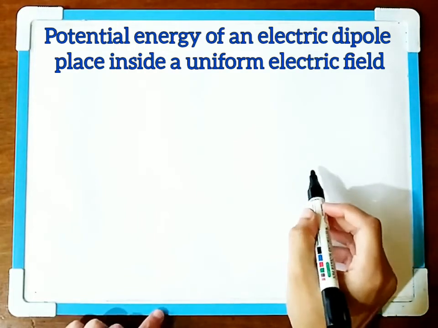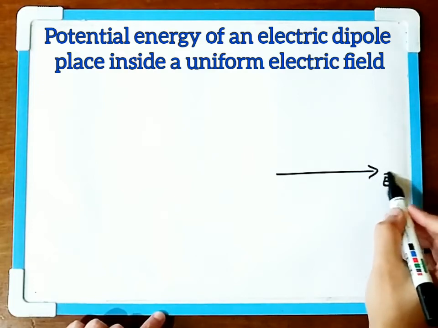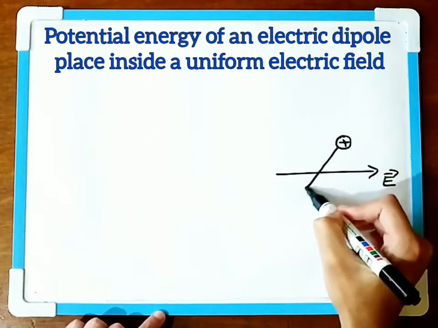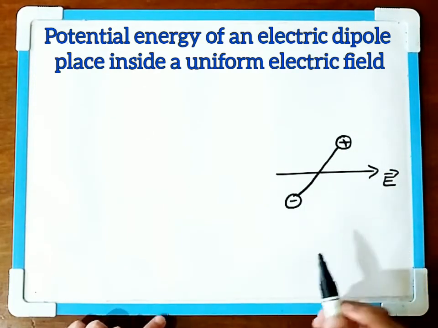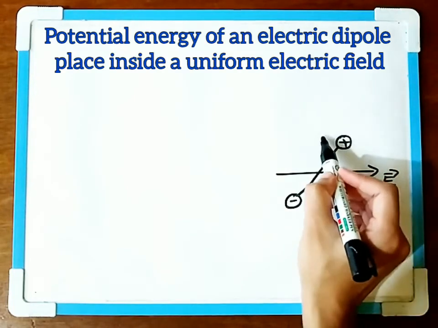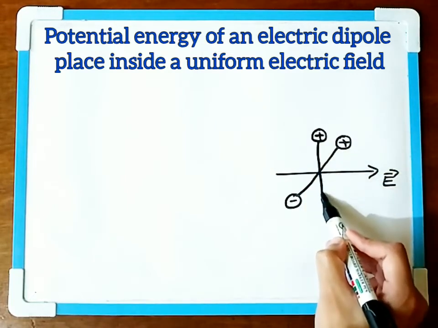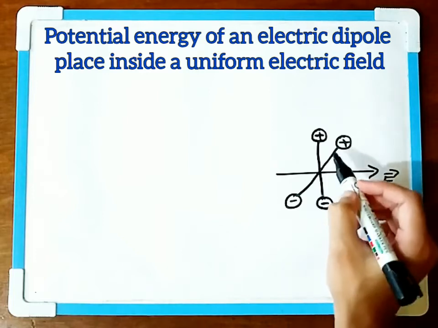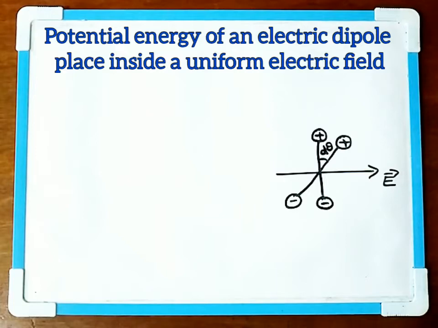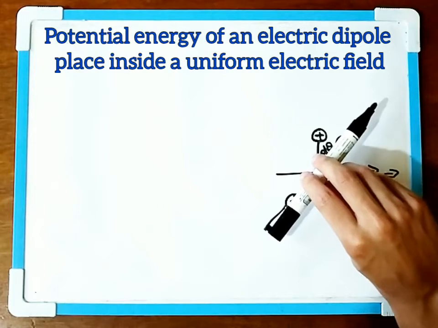Suppose the dipole is at this position. I'll represent the electric field by only one line. We have positive and negative charge here. Now if we displace this dipole from this position to this position by a small angle d theta, then work has to be done against the torque experienced by the dipole.